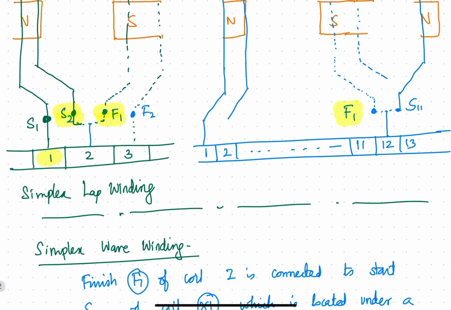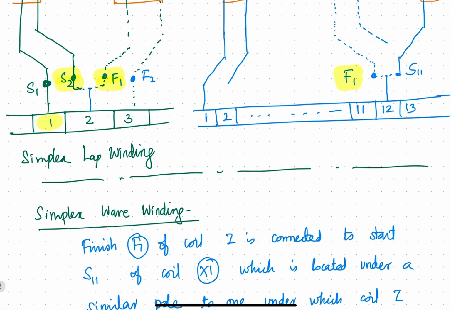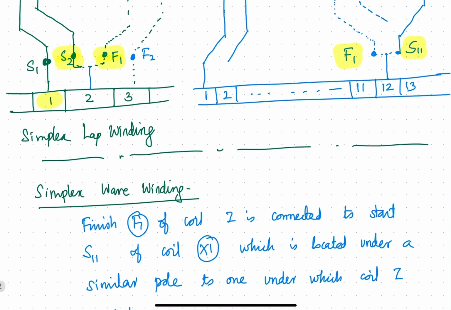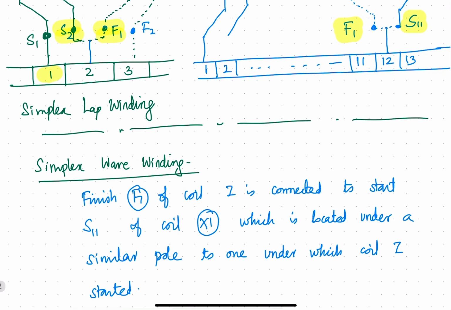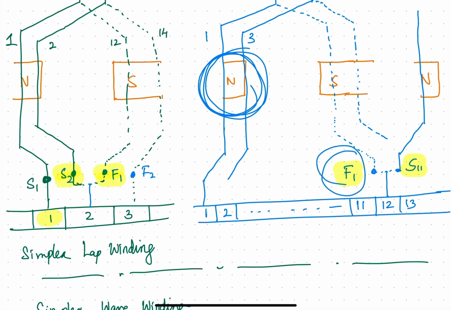So in case of the wave winding, the finish coil F1 of the coil is connected to the start S11 of the coil 11, which is located under a similar pole to the one under which the coil first started. So the wave winding starts at the north pole like this, but this point F1 is connected to the start S11 of the 11th coil.